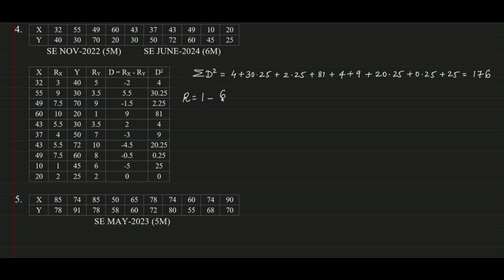Now R is 1 minus 6 times summation d square plus Cf, the whole upon n cube minus n. Here Cf is taken since the values are repeated. Cf is equal to 1 by 12 times summation of mi cube minus mi. m1 is equal to 2 for the repeating values of 43 in x.